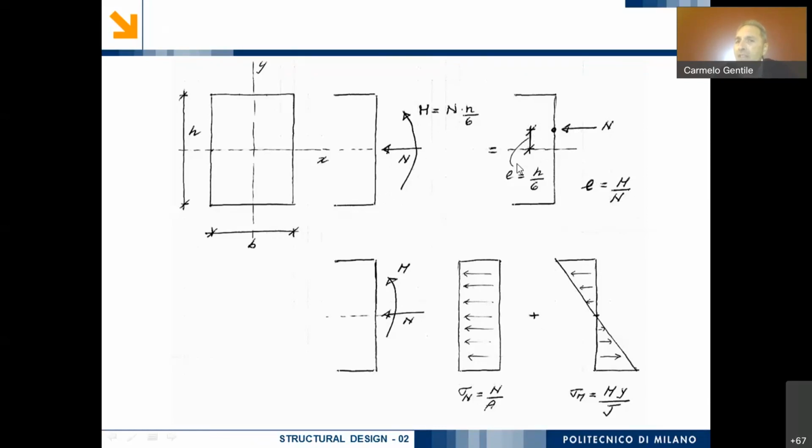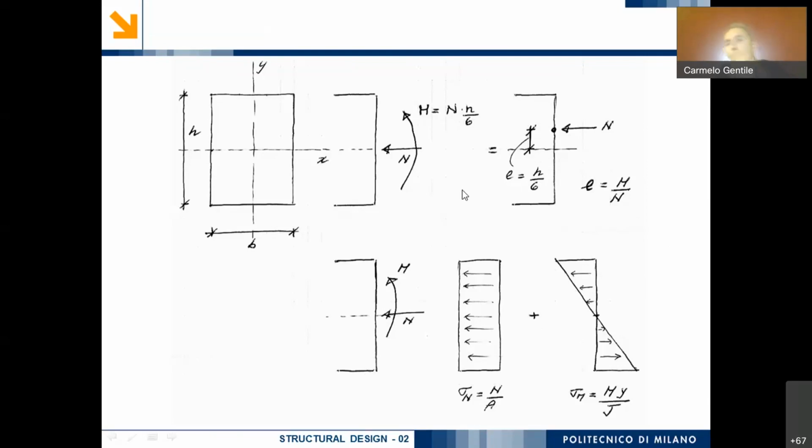This distance is generally denoted as eccentricity, and in the general case, the eccentricity is the ratio between the bending moment and the axial force. Since I expressed the bending moment as the product of the axial force times h over 6, in this case the eccentricity is simply h over 6.